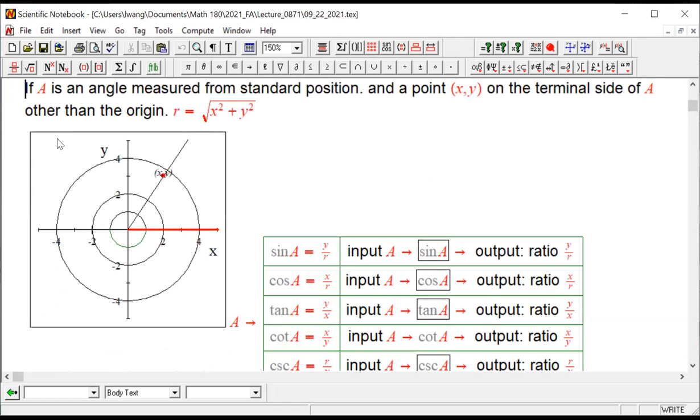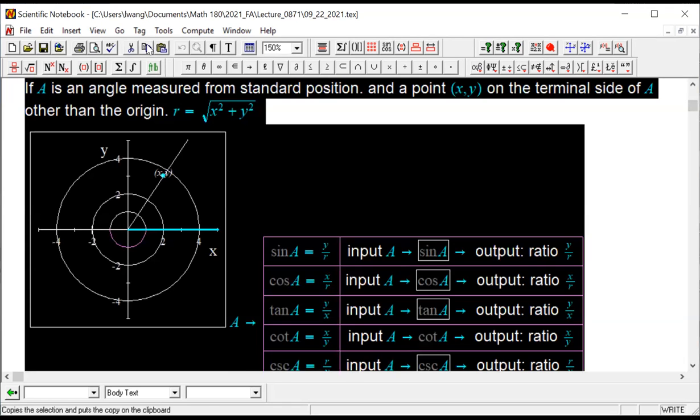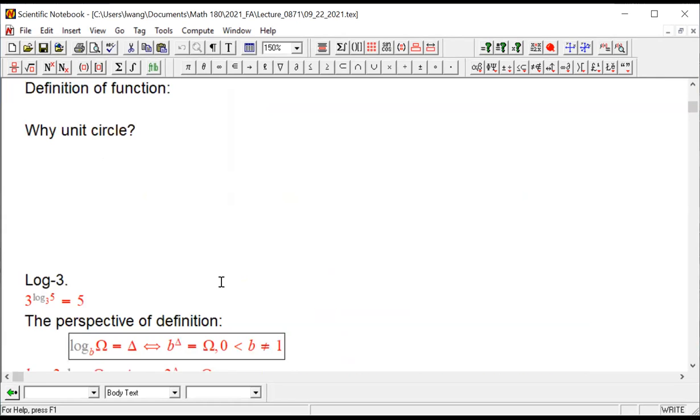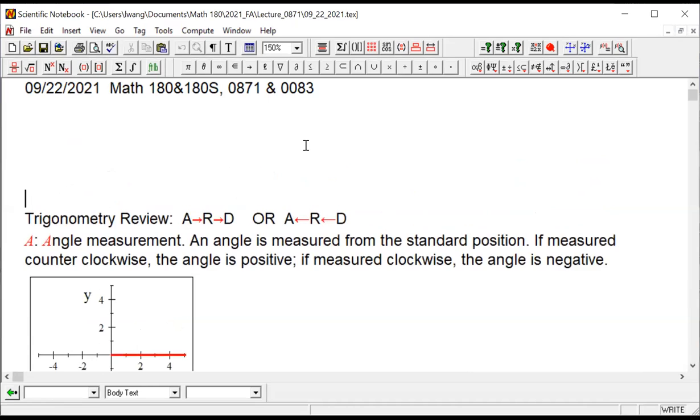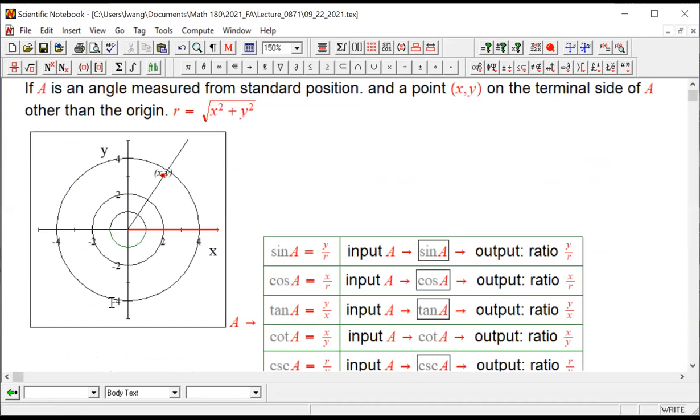With the unit circle, we still have the same stage set. So I'm going to copy and paste this on the very top. And this time we're going to choose the unit circle because we know the ratio is going to stay the same. So now we're going to choose R equals 1.